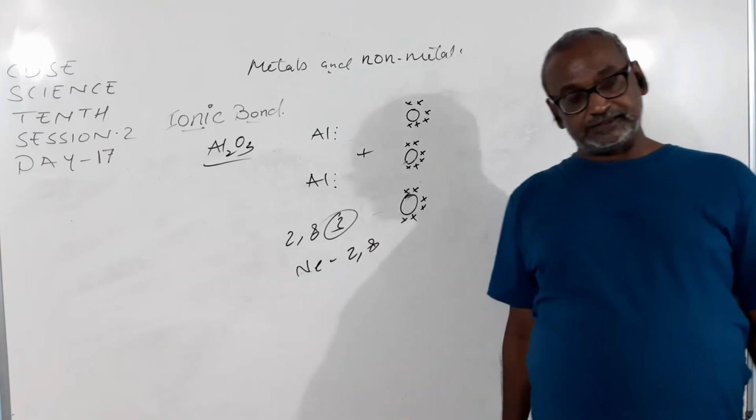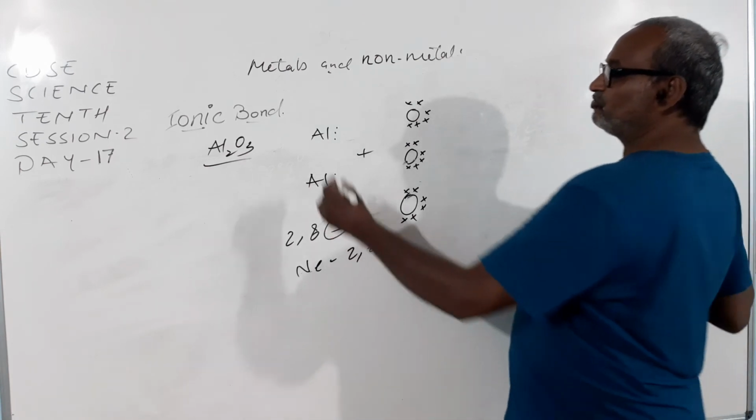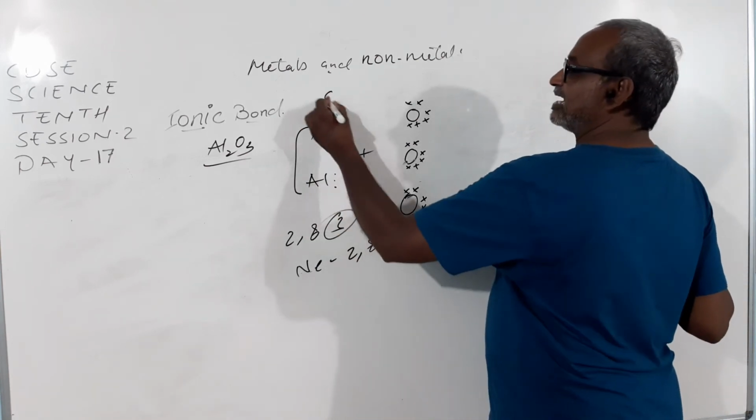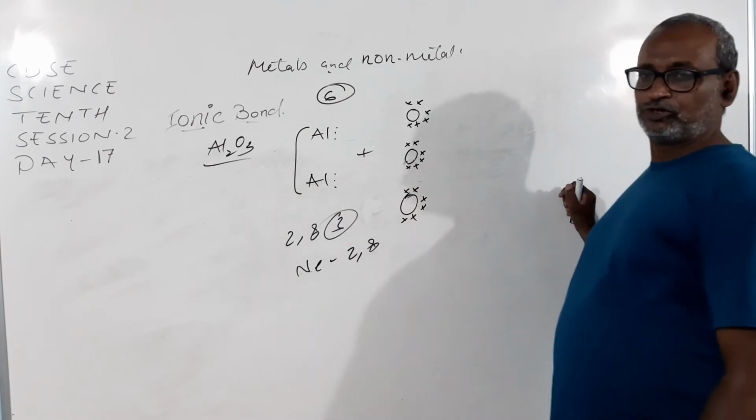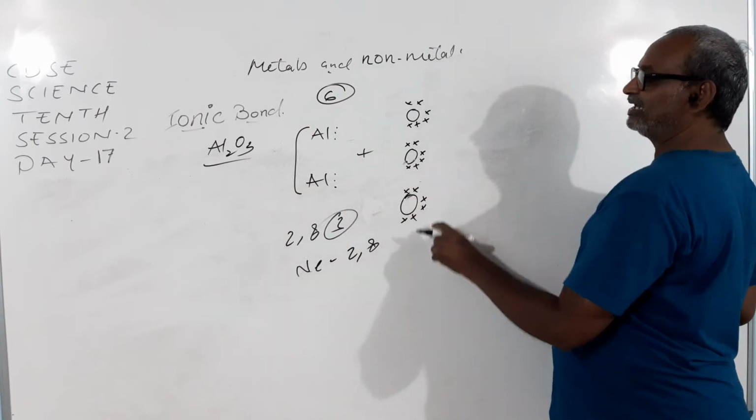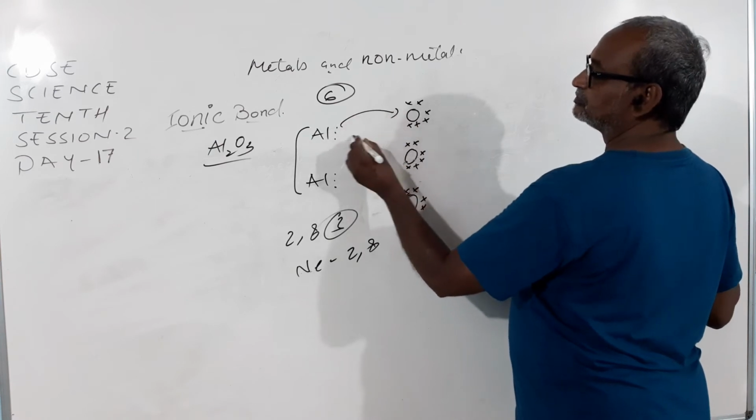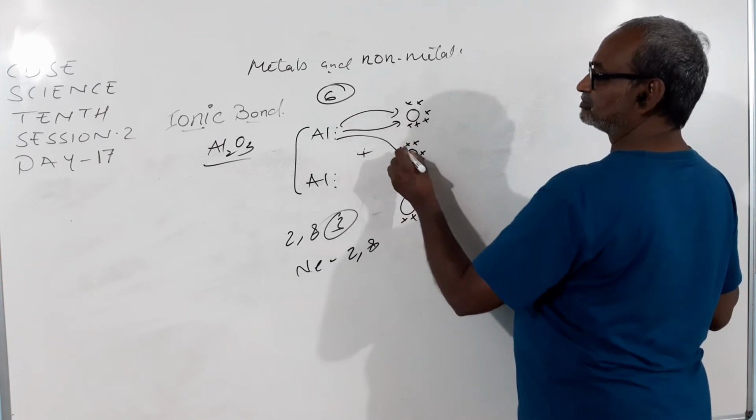So what's the solution? 2 atoms of aluminium transfer their 6 electrons to 3 oxygen atoms. You can show like this.